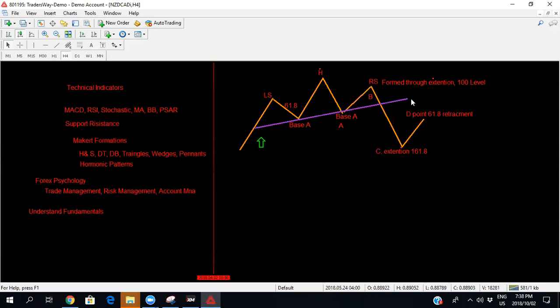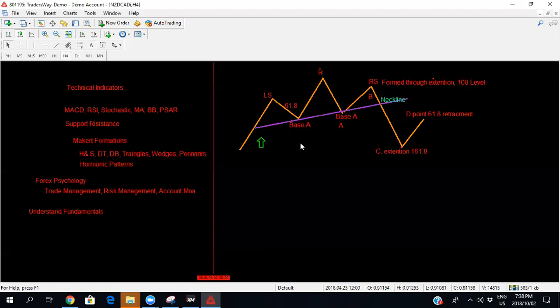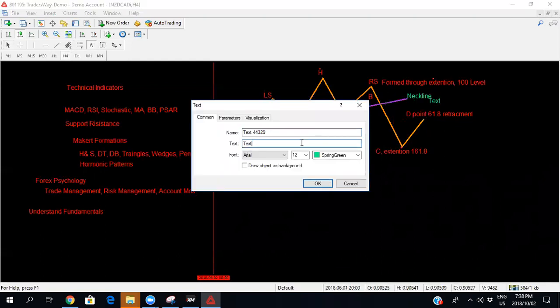This point here where the base touches each other around the horizontal line, or the diagonal yet horizontal line, is what we call a neckline. Therefore, when do we enter? We enter trades on a head and shoulder pattern. We enter a sell when the neckline is broken.